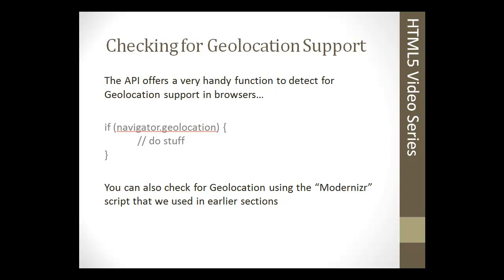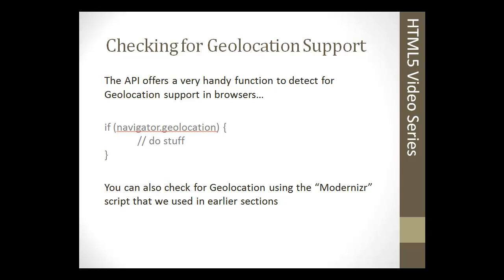Alright, so we want to check the browser to see if there's geolocation support. Like I said, all the latest versions of every browser at this time do support geolocation, but you should still add this in your code. It's just in case. Some people still use older computers and older browsers.